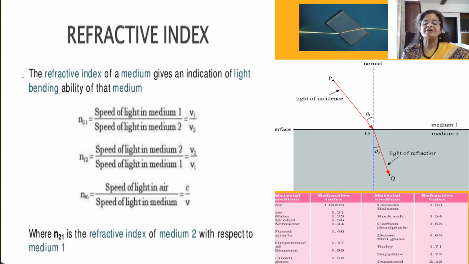Here you can see the refractive index of different media like air, ice, alcohol, kerosene, quartz, turpentine, benzene, crown glass, and many others. Diamond has the maximum refractive index. So these values can be used when you do the problems.